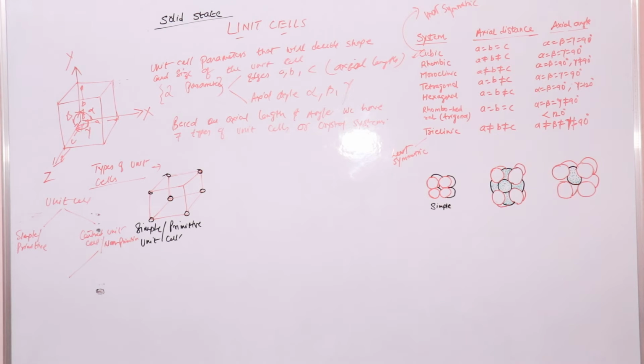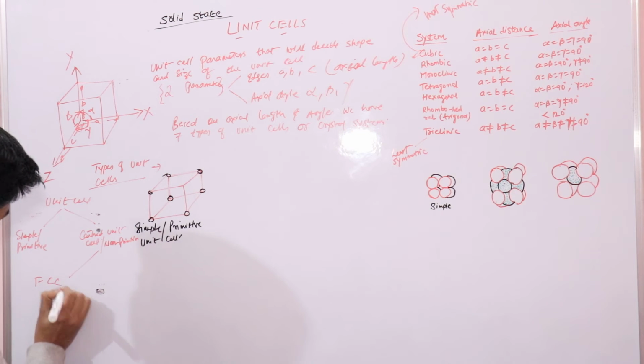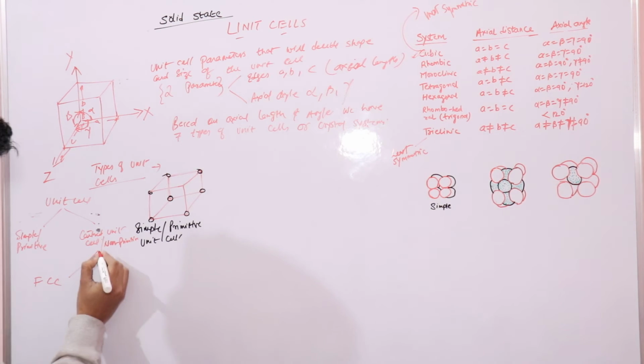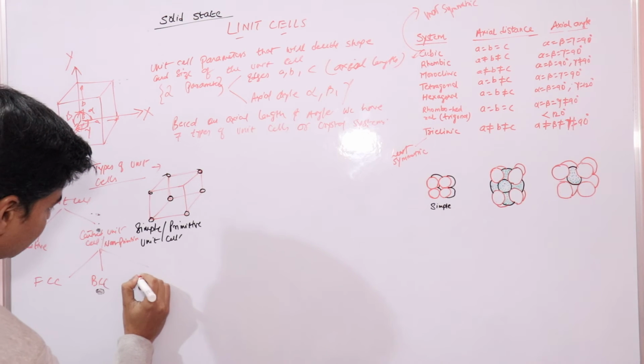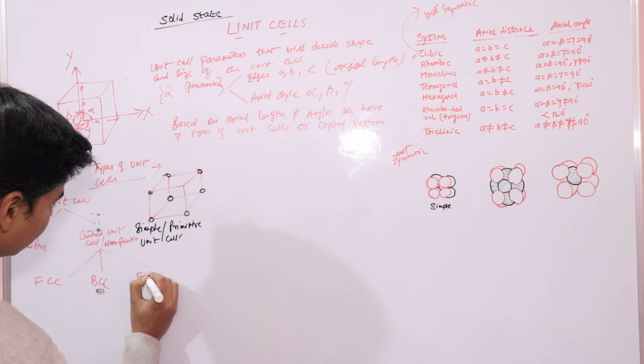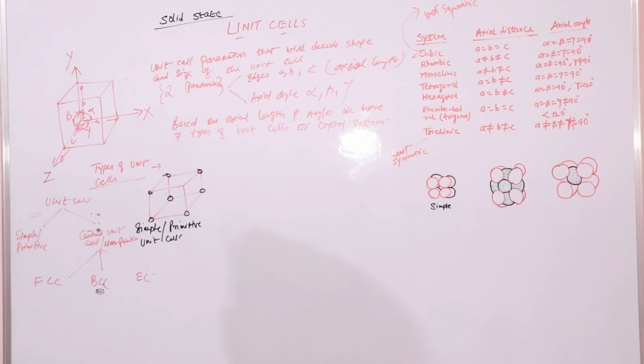First type is your FCC, face centered unit cell. Second is your BCC, body centered unit cell. The third is your edge centered unit cell, right? ECC, let's call it ECC, edge centered unit cell.